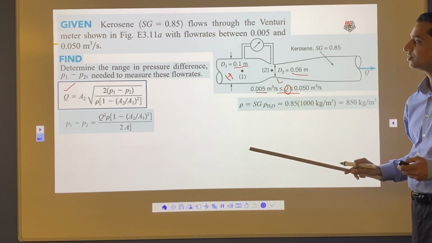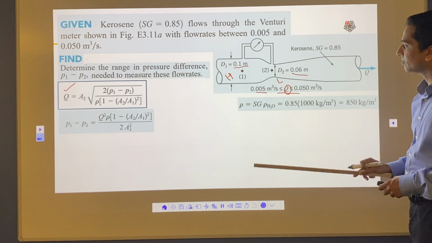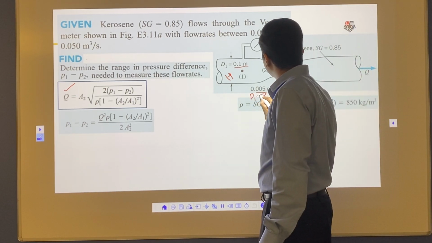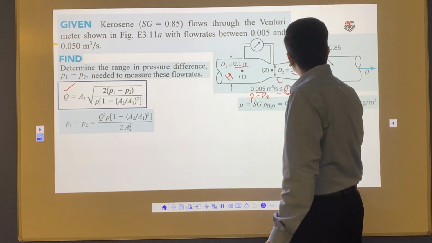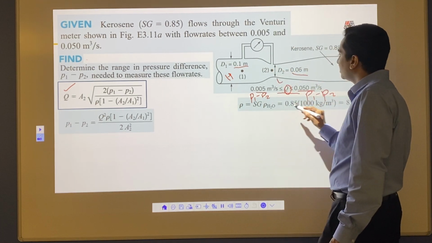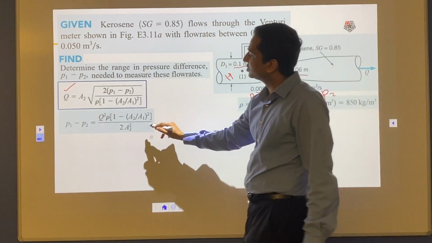It means that we are going to get two answers for P1 minus P2. First one, P1 minus P2 for here, and then for this one, P1 minus P2 we have to calculate, and that will be your range. So for the first part, we are going to rearrange this equation.